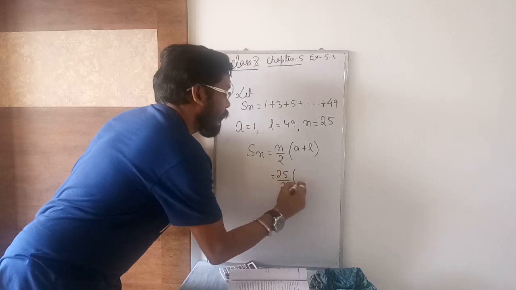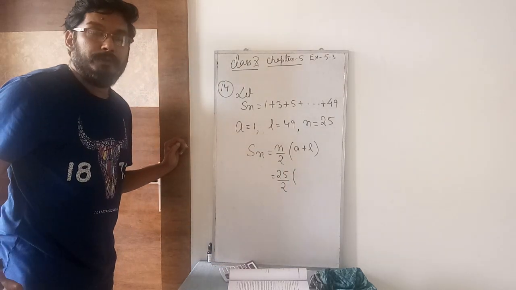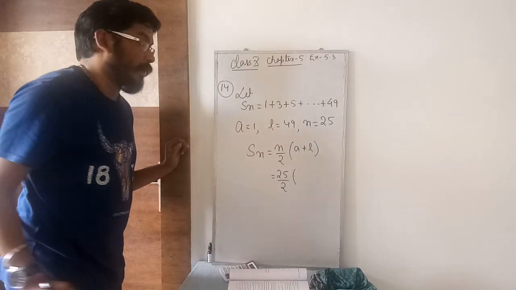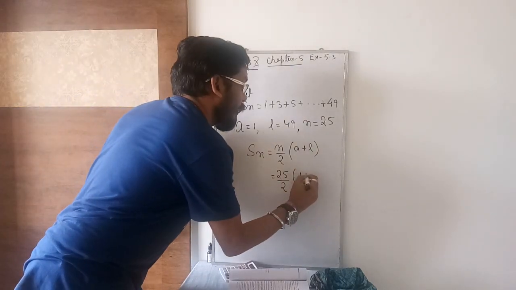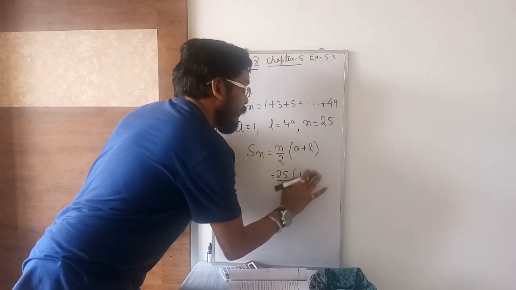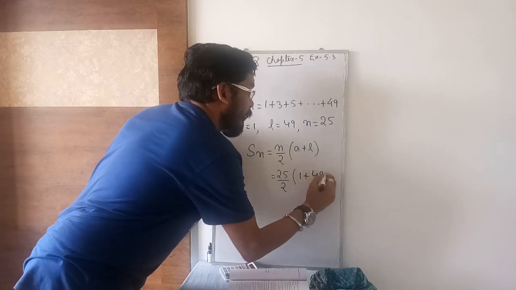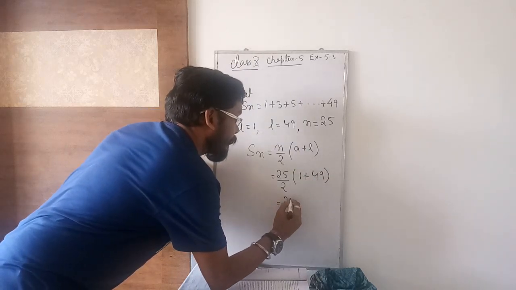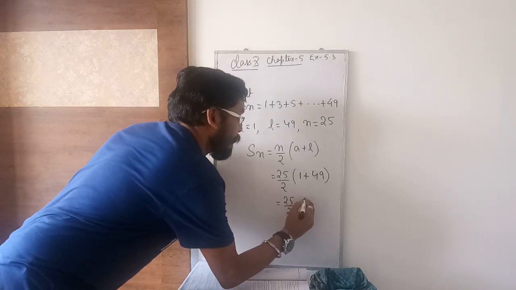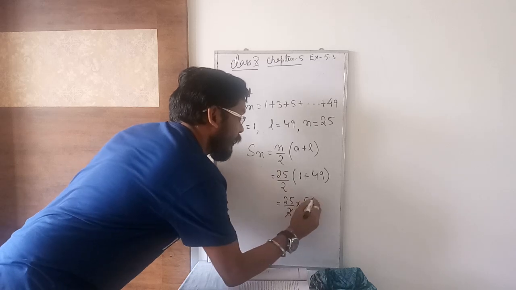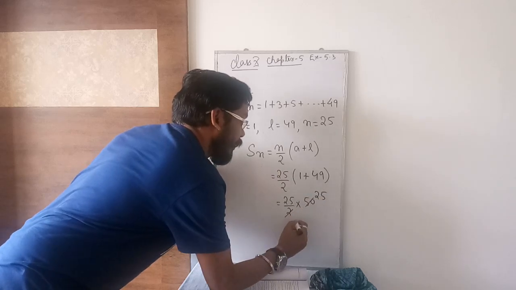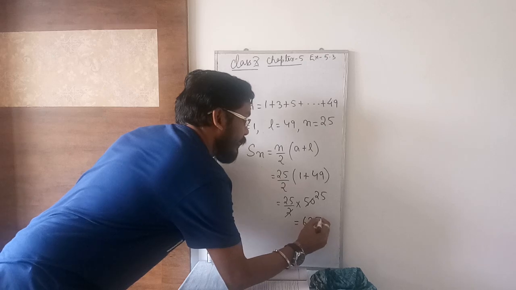Hope you have understood where 25 came from, because you are finding the sum of only odd numbers. a is 1 and l is 49. So it is 25 by 2 into 50. If you cancel it, 25 times 25, 625.